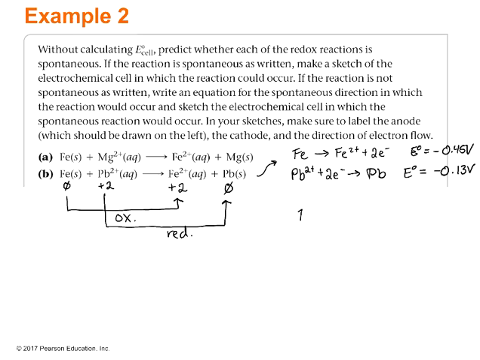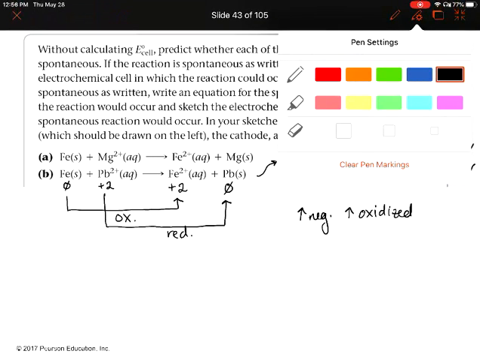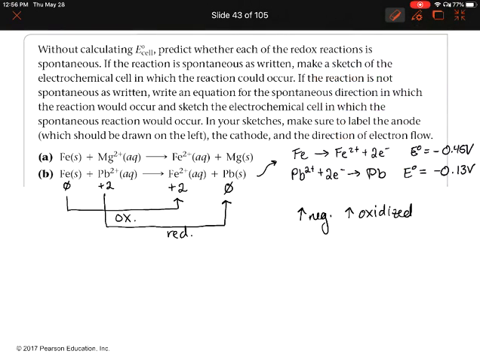Remember, the more negative value is the one that prefers to be oxidized. So it looks like iron is more negative in its potential value, so that is the half reaction that would prefer to be oxidized. And the way that our reaction is written, iron is being oxidized. So this is spontaneous as written.